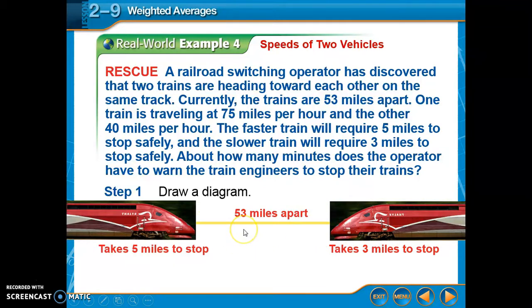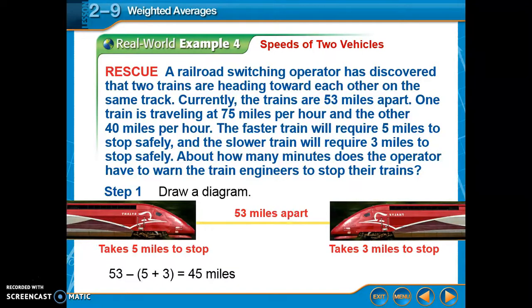Now, if we account for them stopping safely, we need to remove that as part of our distance, because we need to assume that they're going to get the 5 miles and the 3 miles they need to stop. So that means that we have to think of this with 8 less miles. 53 minus our 5 and 3 is 45 miles.